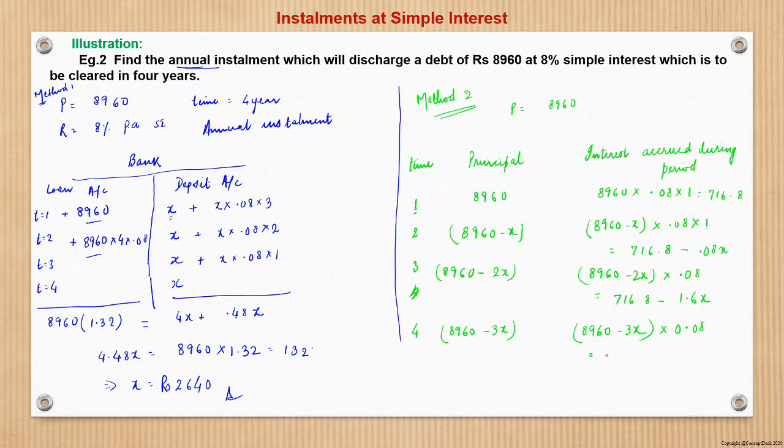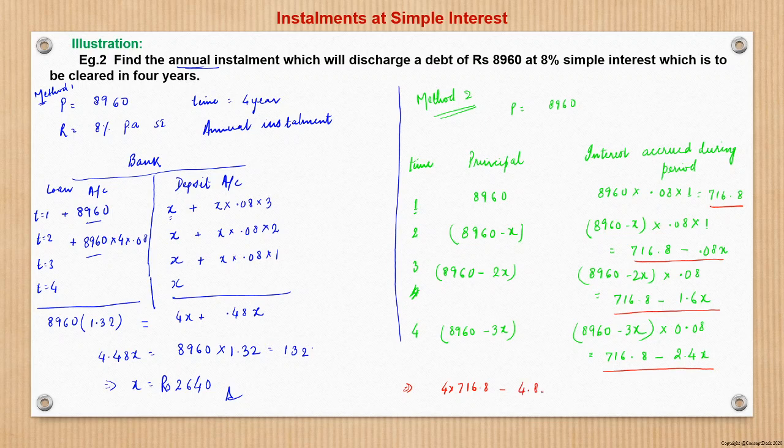0.08. So this will be again 716.8 minus 2.4x. So total interest here becomes 716.8 minus 0.8x, 716.8 minus 1.6x, and 716.8 minus 2.4x. So summation would be 4 into 716.8 minus 0.8, 1.6, 2.4, which gives 4.8.